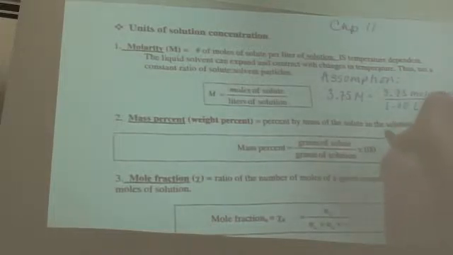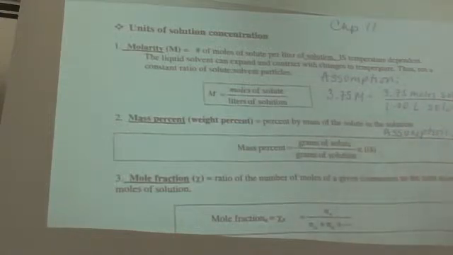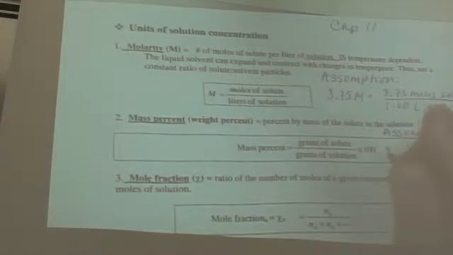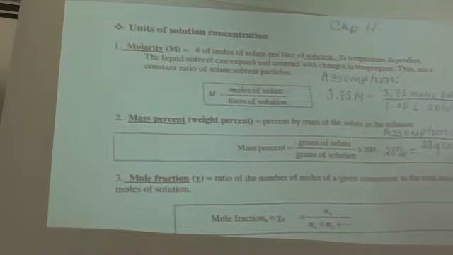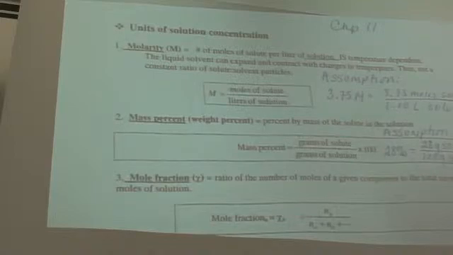Here is the second assumption that you can make to help you solve problems. If something is described as 28% by mass, that would mean that you have 28 grams of solute in 100 grams of solution.